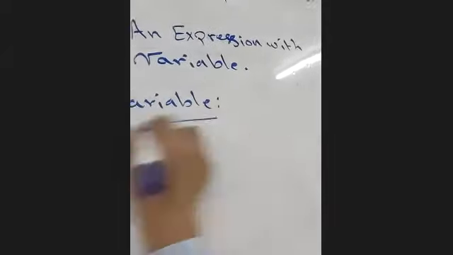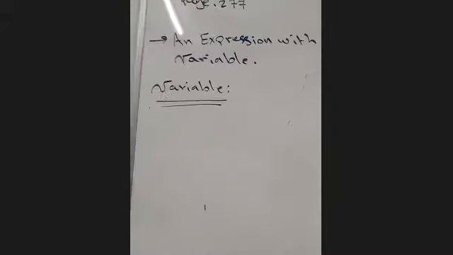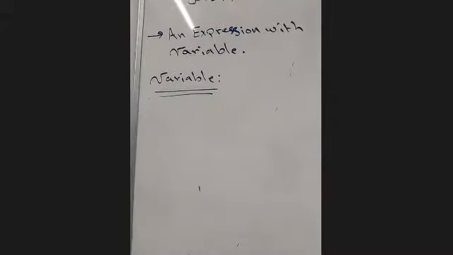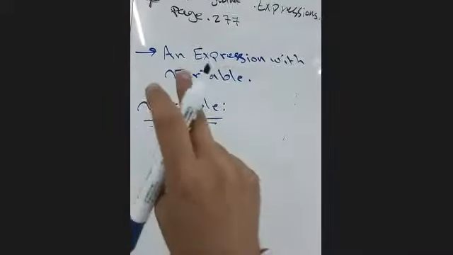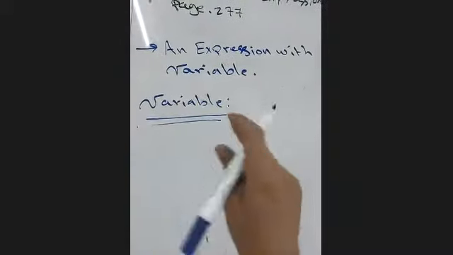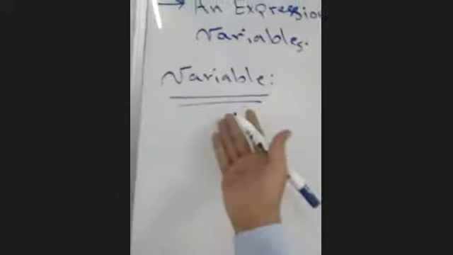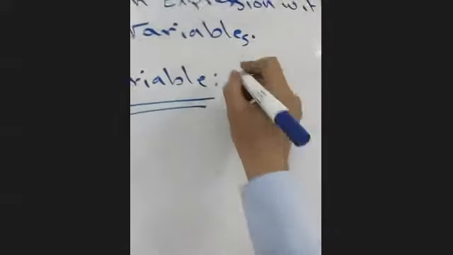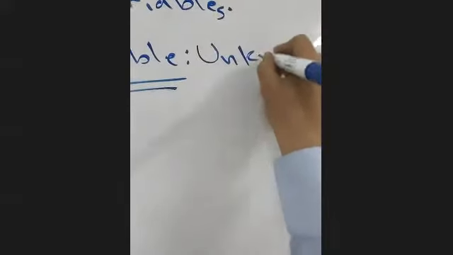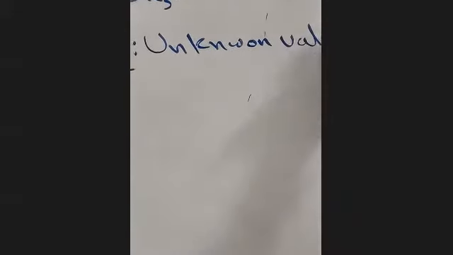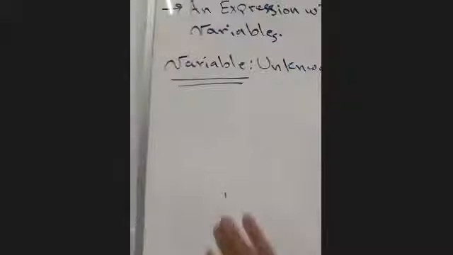In the previous lesson, we said the numerical expression is an expression with numbers. Today, the algebraic expression is an expression with variables, okay? Now, what's the variable? The variable, guys, it is an unknown value.